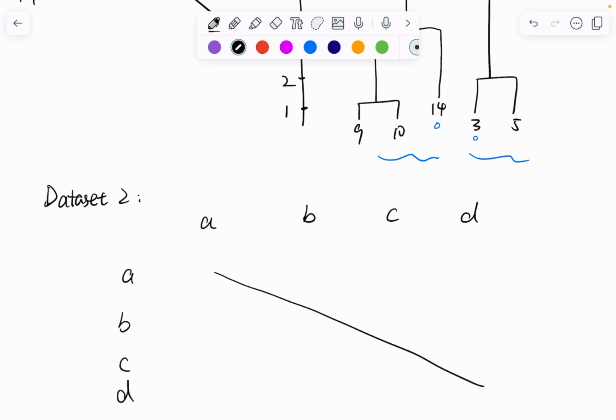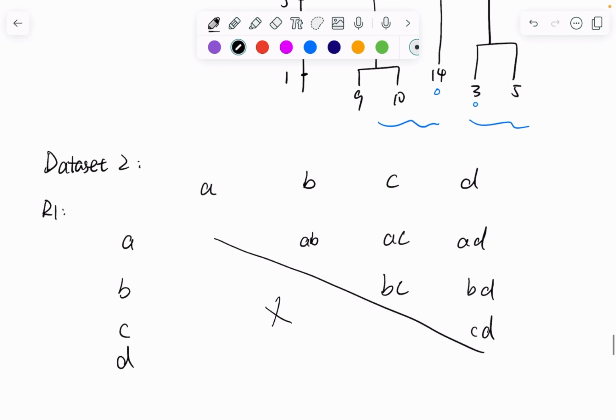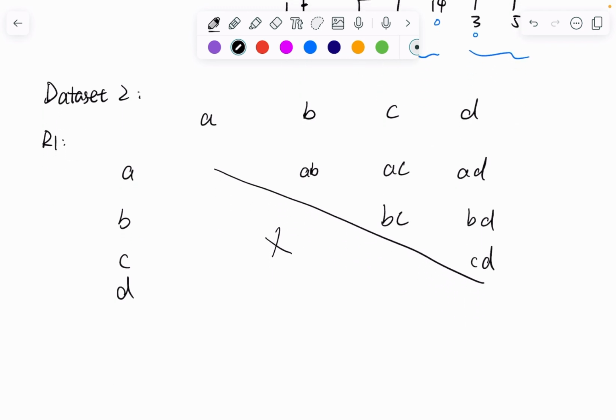And then you need to calculate the distance between AB and AC and AD, BC, BD, and CD. And in the round 1, you need to choose the smallest distance in this group, and then merge these two dots.